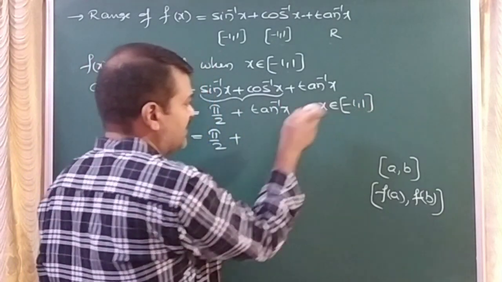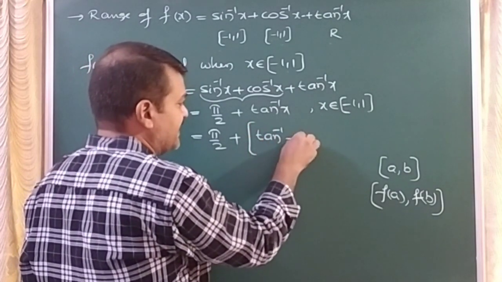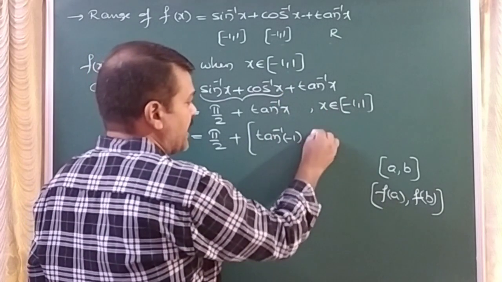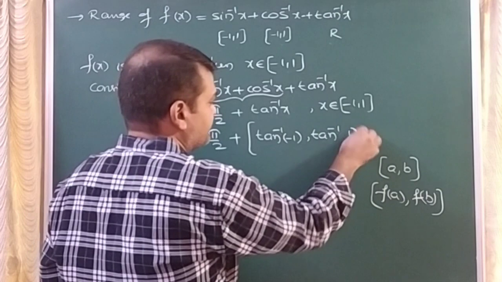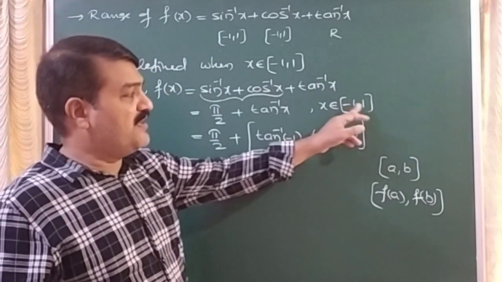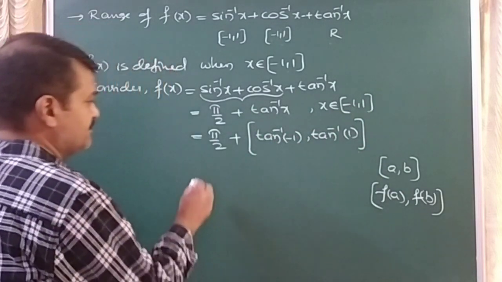The range in this particular interval becomes tan inverse of -1, meaning substitute x here, and tan inverse of 1. Okay, between -1 to 1, this is the range of tan inverse x.